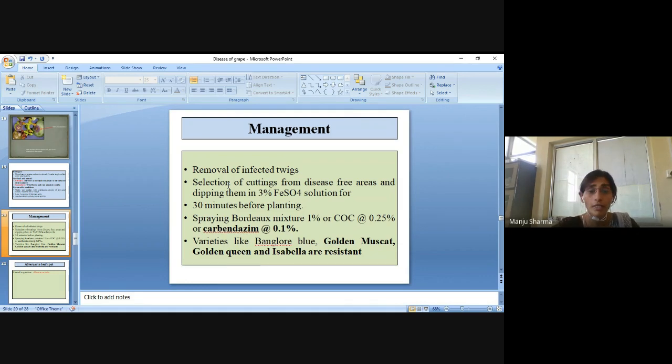Golden Queen and Isabella are resistant varieties for anthracnose disease. Except this disease, if any other disease is there, then we can also prevent it.